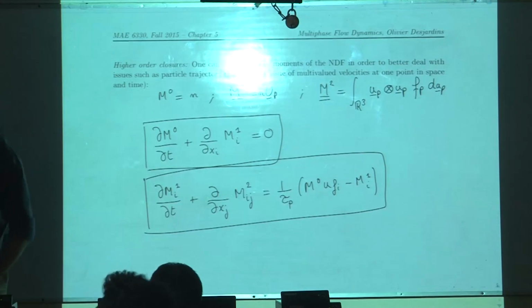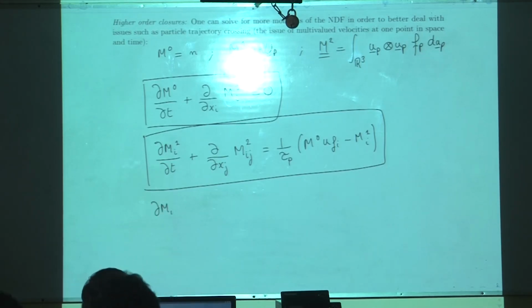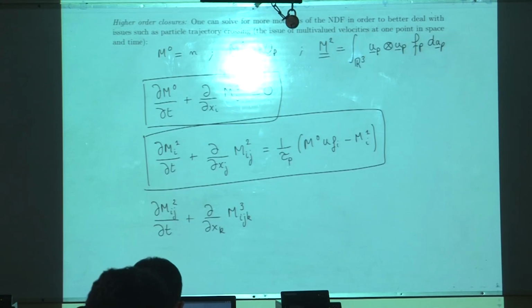So now we can continue and do that for the moment of order 3 if we want. It becomes more tedious to write, but not enormously so. So dm ij 2 dt, and as you would expect, this will contain the divergence of the moment of order 3, which will be the integral of all possible velocities of u times f.